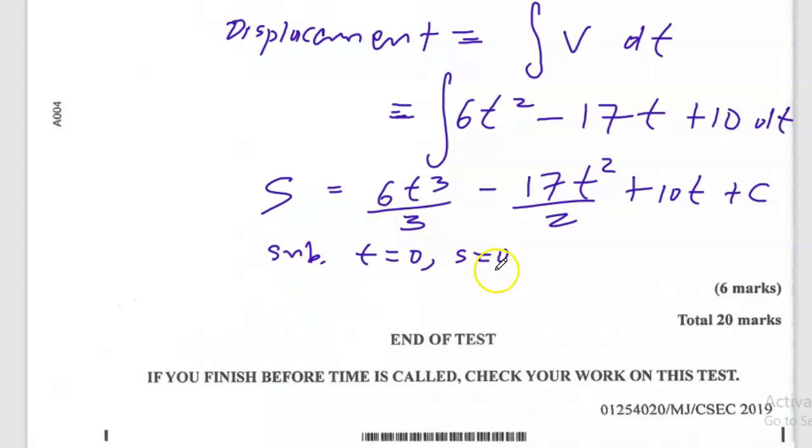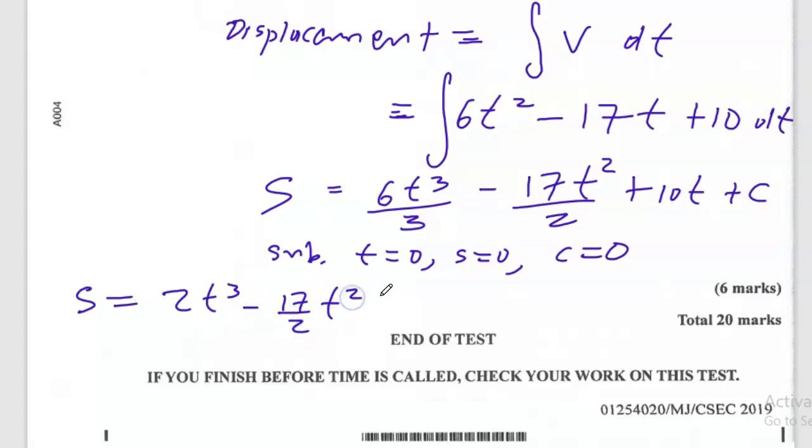So the constant there is 0. So the displacement is really 2t cubed minus 17 over 2 t squared plus 10t.